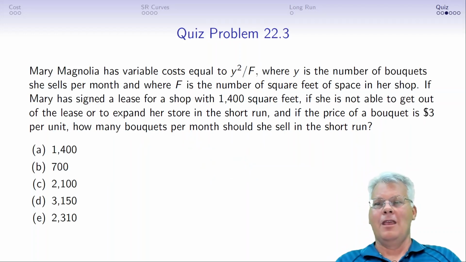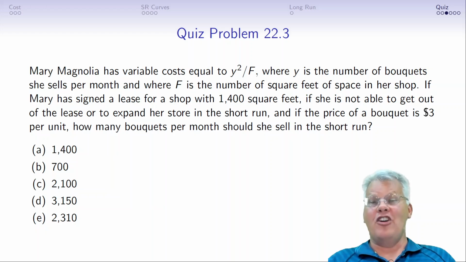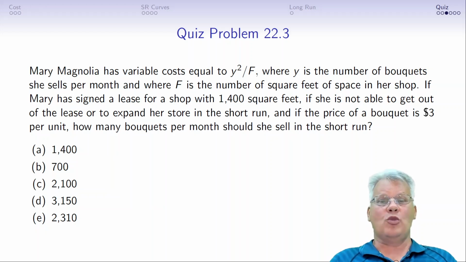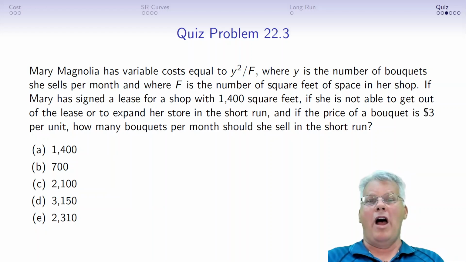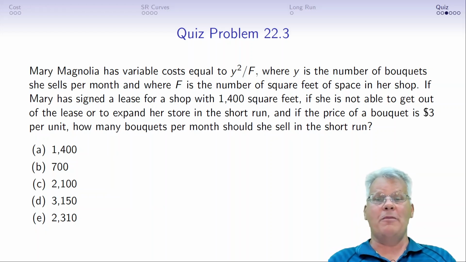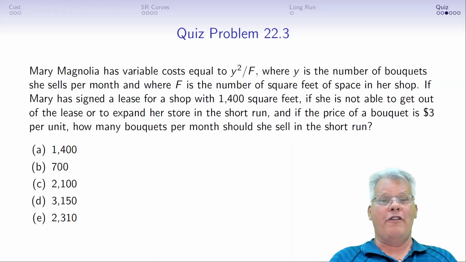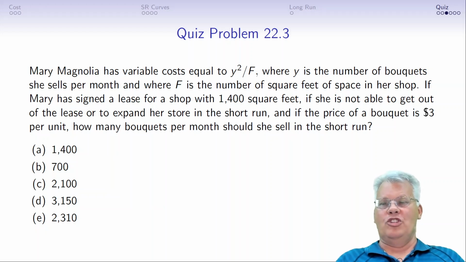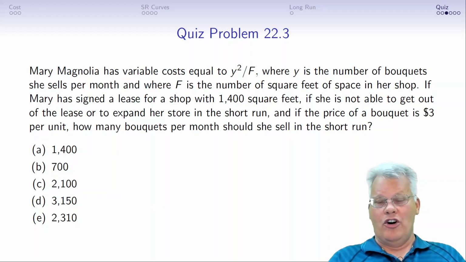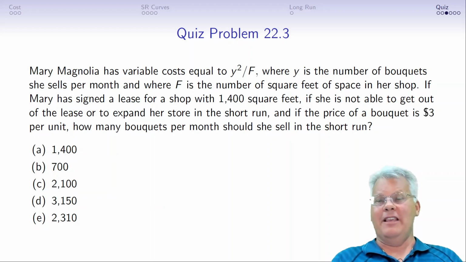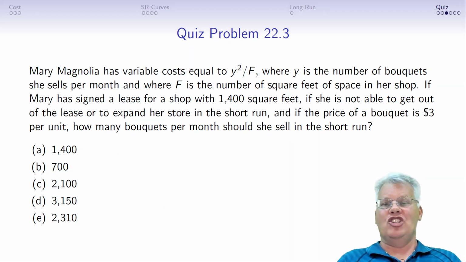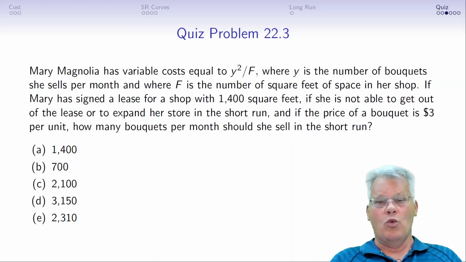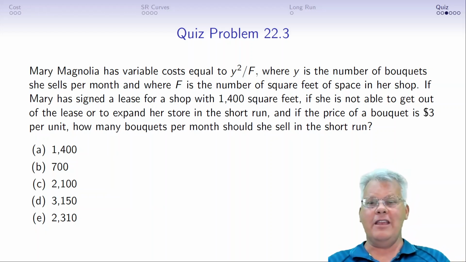Okay. Mary Magnolia has variable costs equal to y squared over f, where y is the number of bouquets she sells per month, and f is the number of square feet of space in her shop. So the size of her shop is a fixed cost. She currently has a shop of 1,400 square feet.